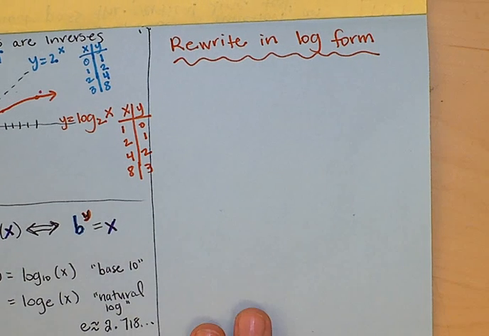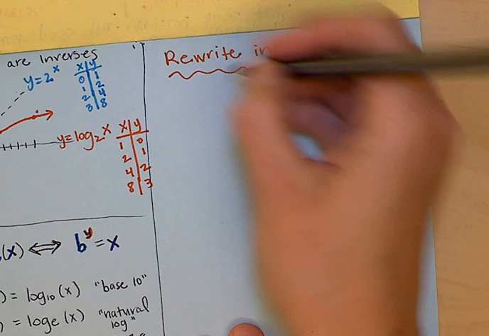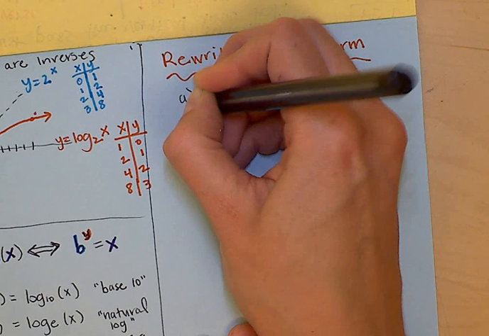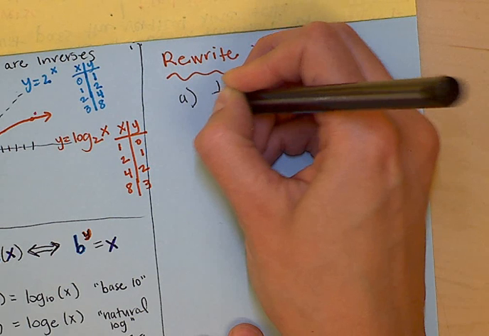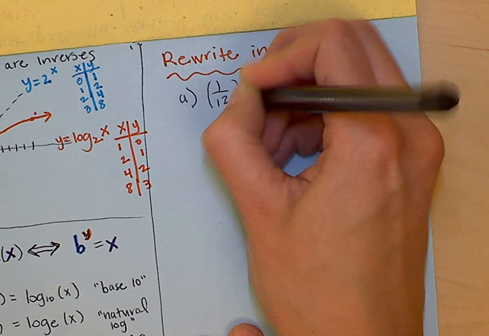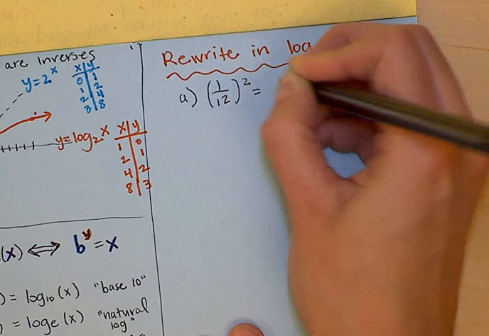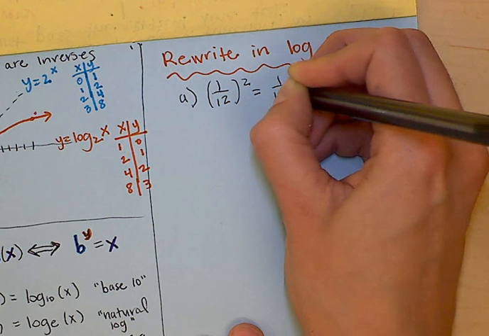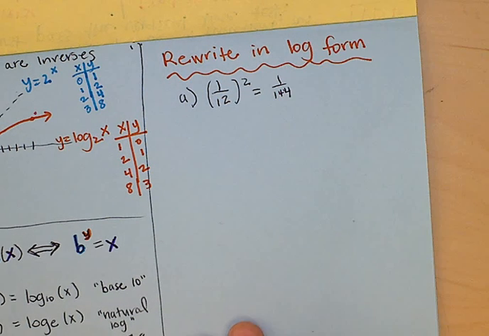So if I had (1/12) squared equals 1/144, using this definition, I can rewrite it.